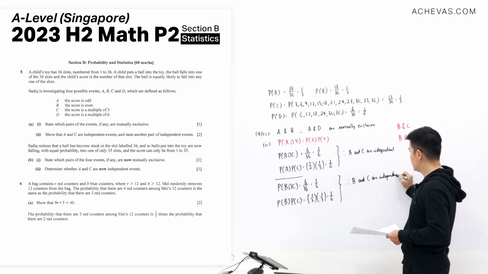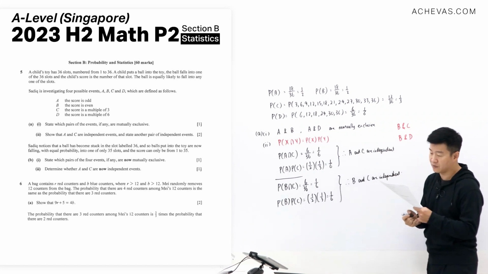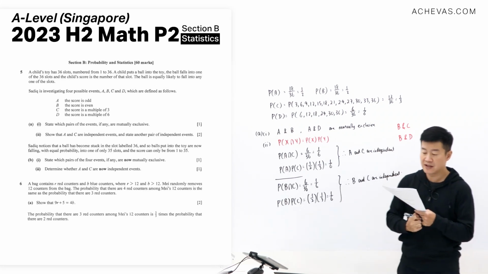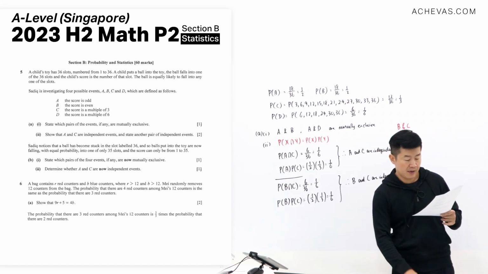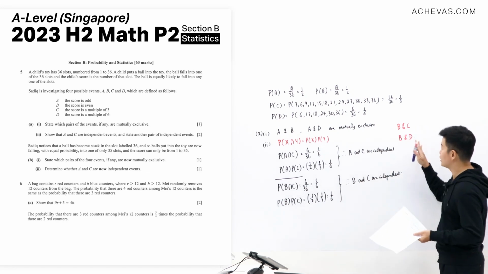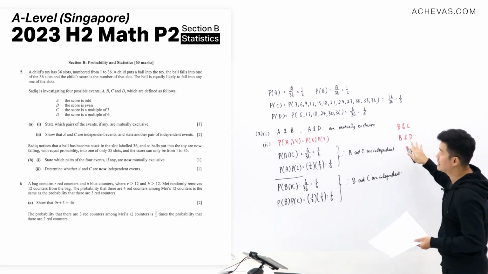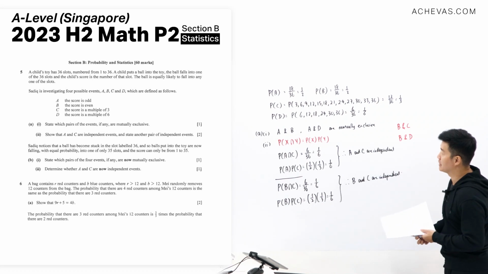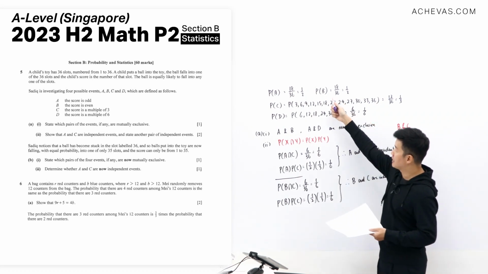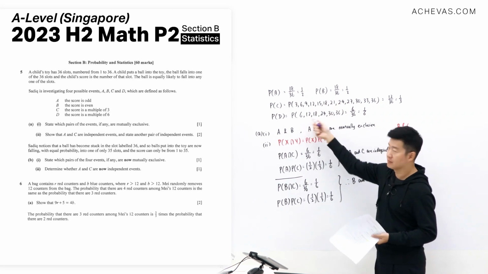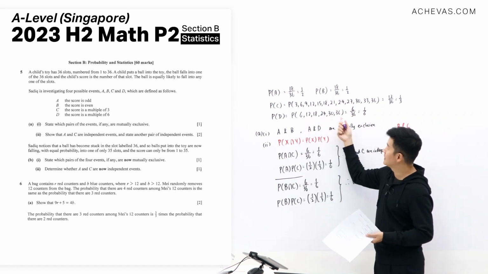In fact, this should be the other pair of independent events that the question is asking for. But let's just do a quick check, just in case B and D are also independent of each other. B will be even numbers, and D will be the numbers that are here, and all these numbers are even.